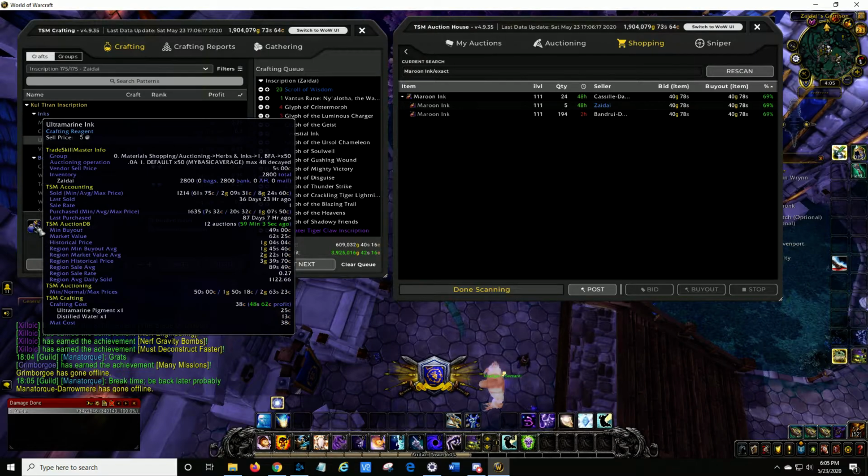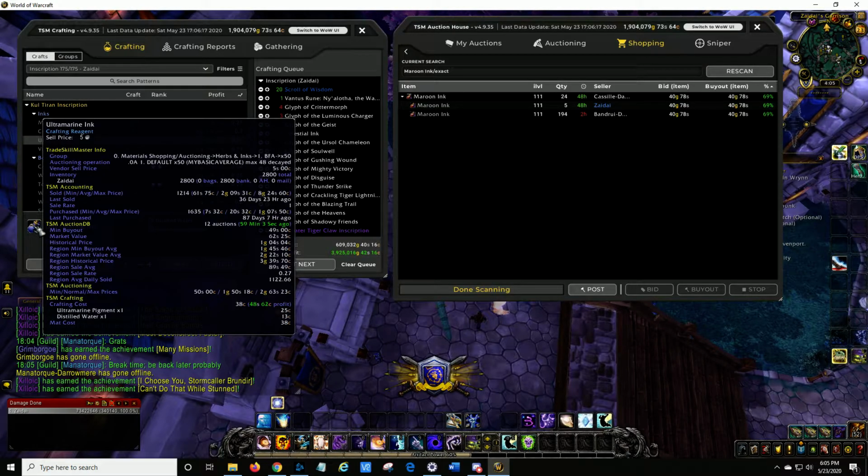So I'm hoping that they might add an ink trader or a pigment trader, so you can trade some of this stuff for maybe the older pigments.